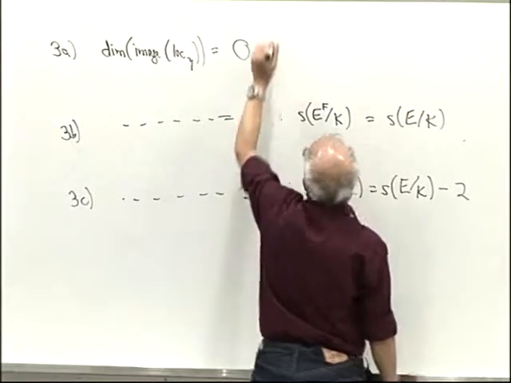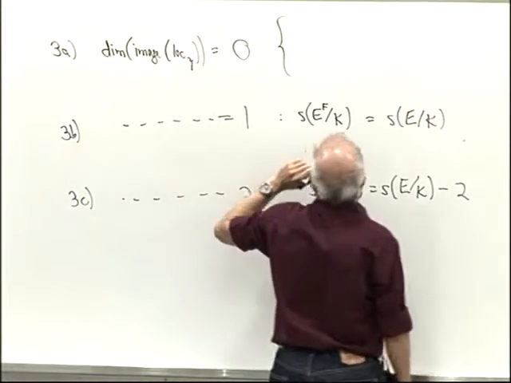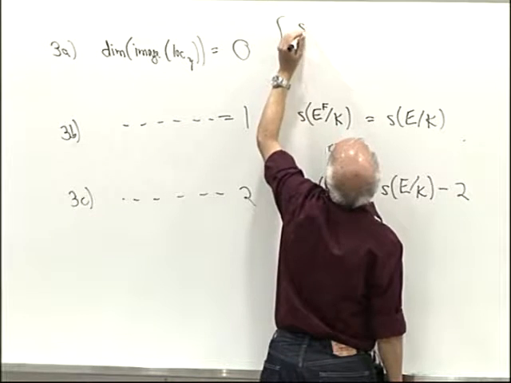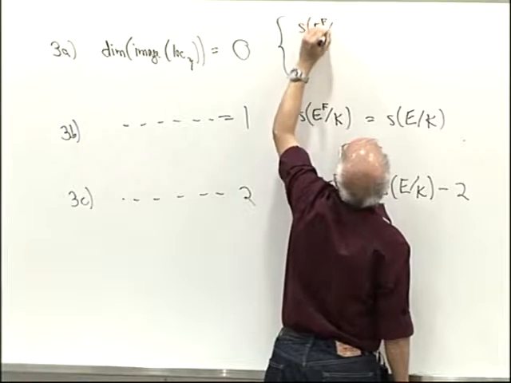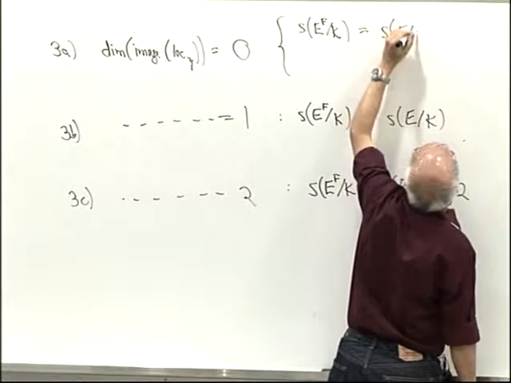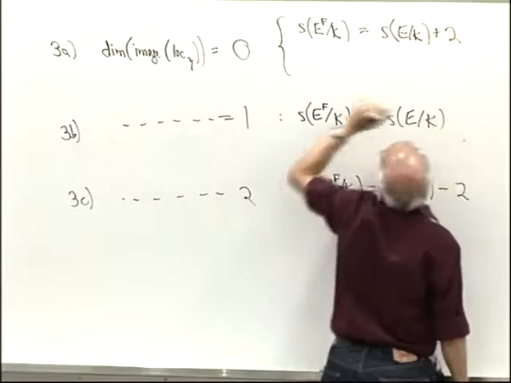And in this case, unfortunately, there are 2 possibilities. And that is that the Selmer group might go up by 2, and it might not change.